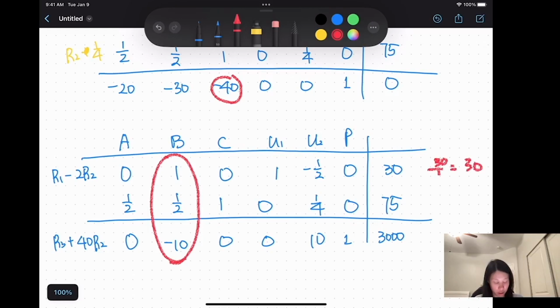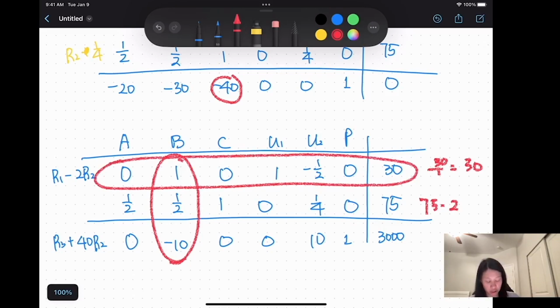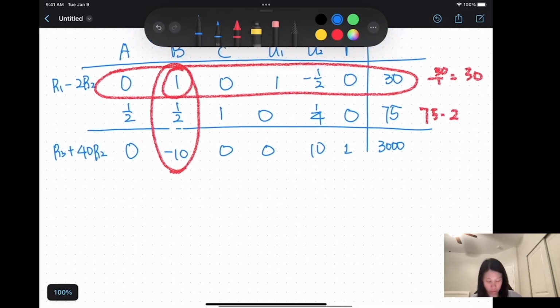And then the other one is 75 divided by 1/2, which is equivalent to 75 multiplied by 2. So this first row is the smaller, since this is already 1, that means we don't need to do anything about it. All right, so the next is I want these two to become 0, right? So let's continue.